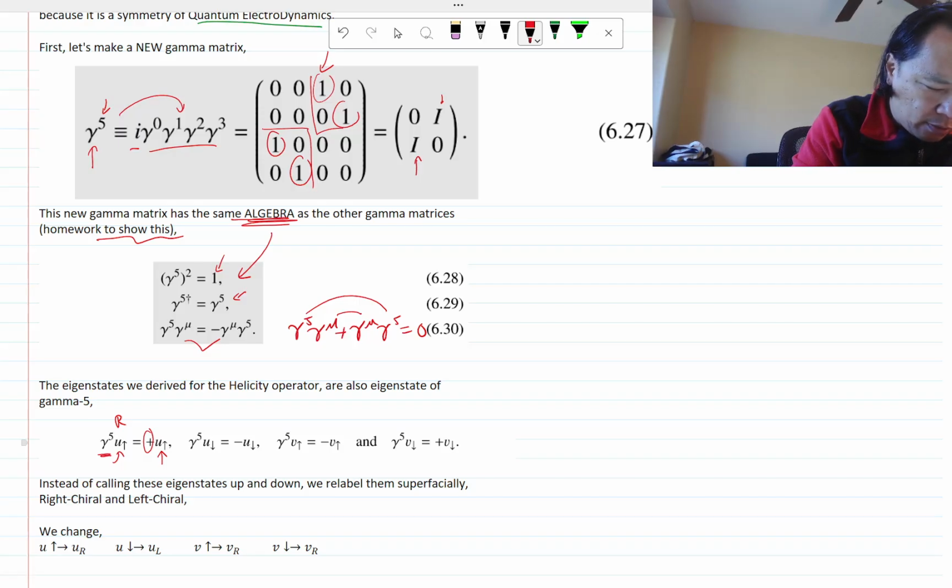But if you act on it with the left helicity, then you end up with a negative. And the antiparticle behaves similarly, except the sign is different. Where the right gives you a minus, the left gives you the plus.